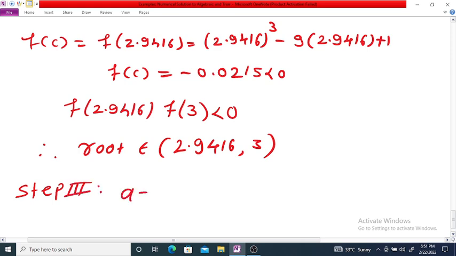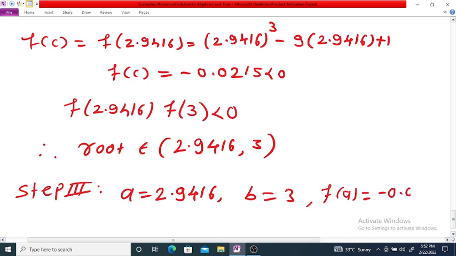So now step number 3. Here a is equal to 2.9416, b is equal to 3, f of a is equal to minus 0.0215, and f of b is equal to 1.